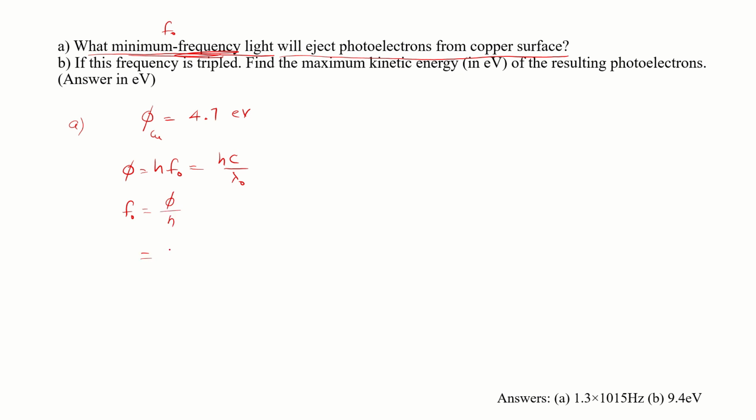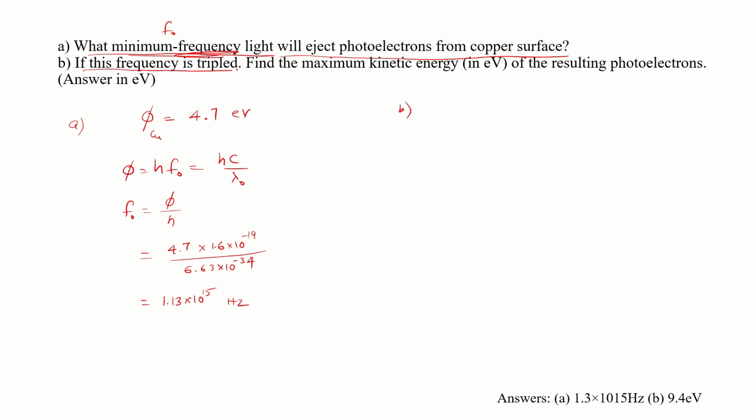Whenever we use this formula we need SI units, joules. So multiply electron volt by 1.6 times 10 to the power of minus 19. Don't forget Planck's constant is 6.63 times 10 to the power of minus 34. Use the calculator: it is around 1.13 times 10 to the power of 15 Hz.